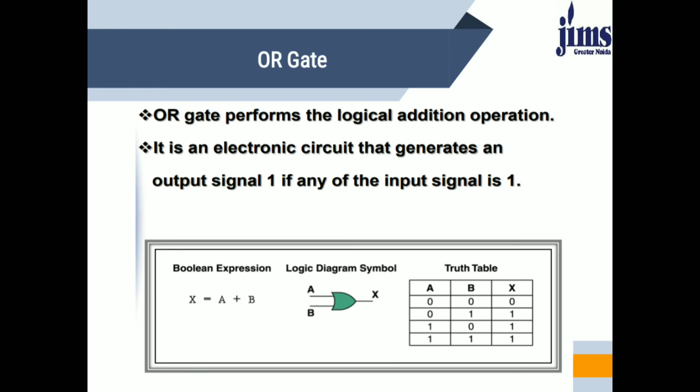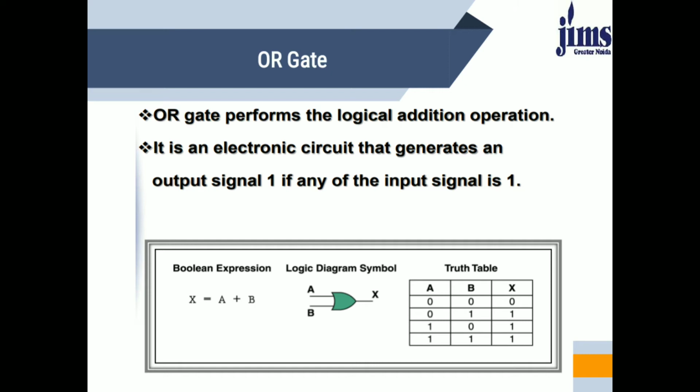Now let's talk about the OR gate. What is an OR gate? The OR gate performs the logical addition operation. It's an electronic circuit that generates an output signal 1 if any of the signals is 1. So the OR gate doesn't have to wait for all inputs to be 1 to generate output 1.